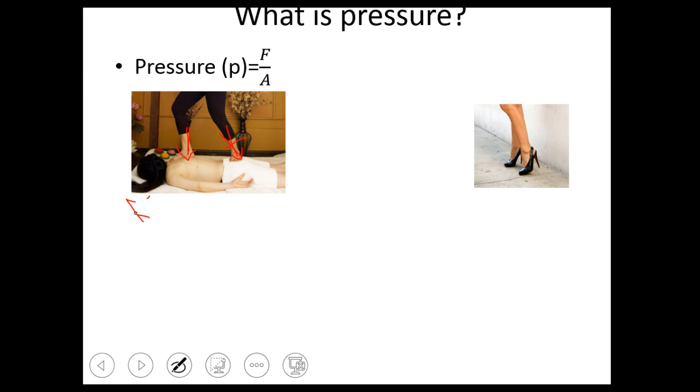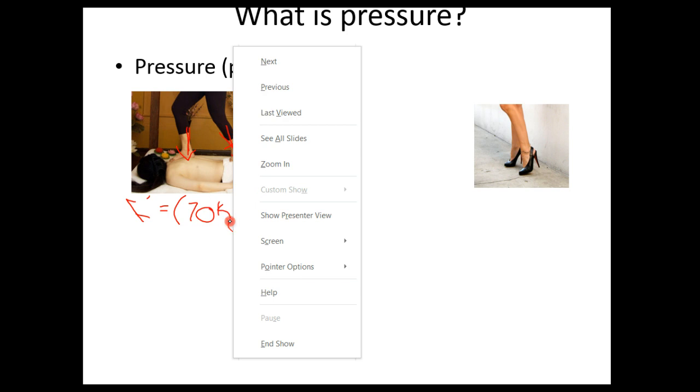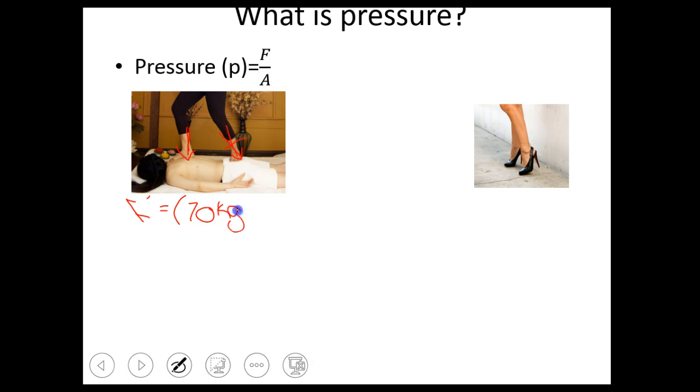The force is going to be equal to the mass of that person times gravity. You guys know that I love to use 70 for the mass of a person. Times gravity, which is 9.8. And we get a force of 686 newtons. And then I'm going to estimate the area of a foot.